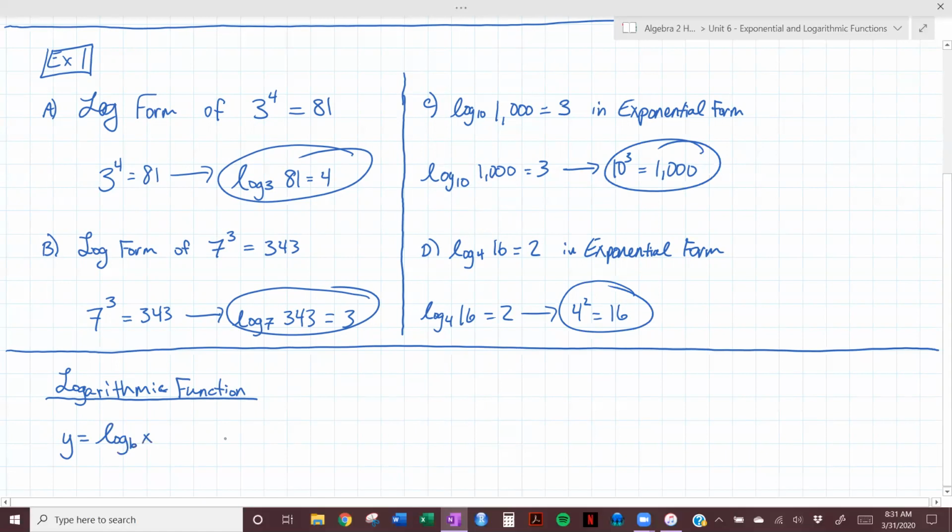The inverse would be y equals b to the x. Okay, b to the x. So remember that, because I know on your assignment I assigned some inverse problems.